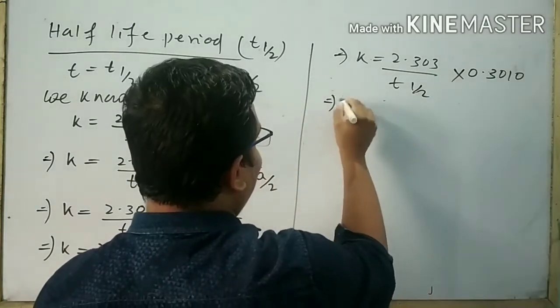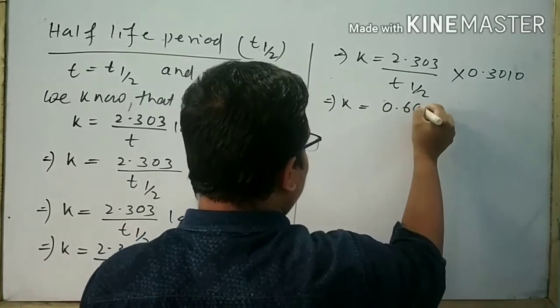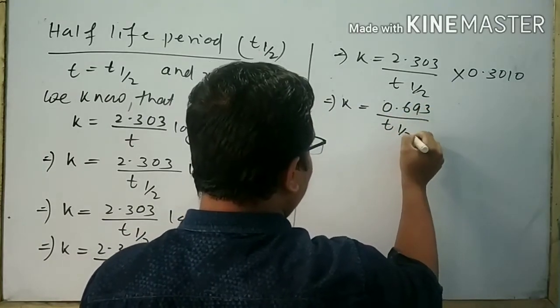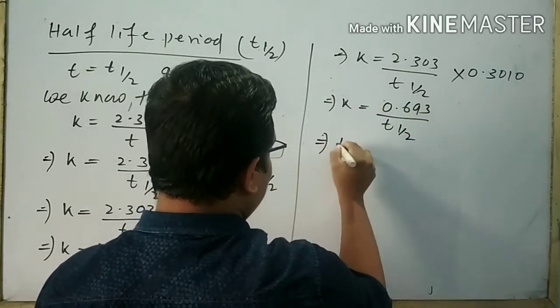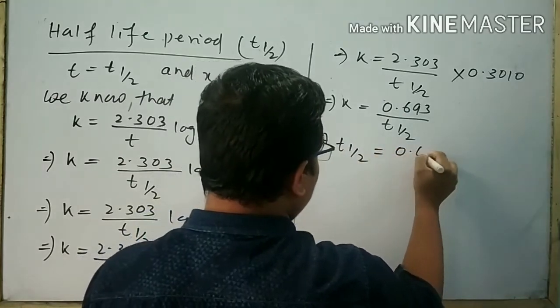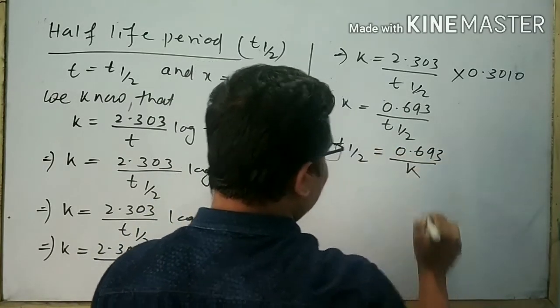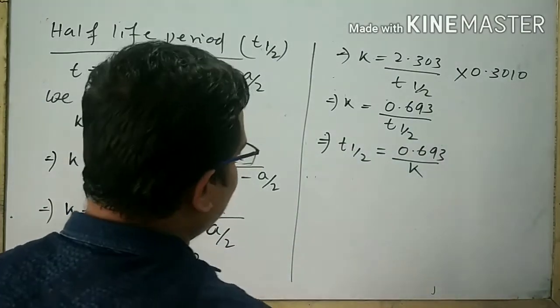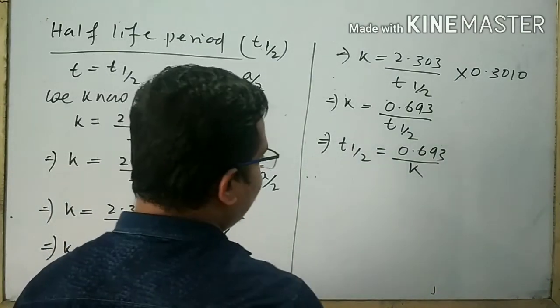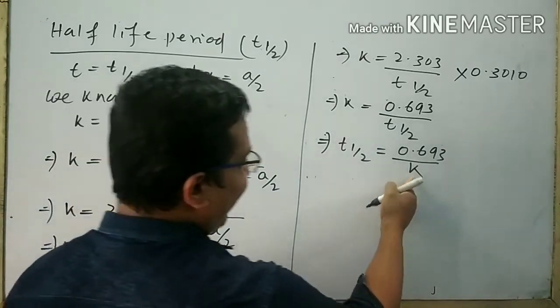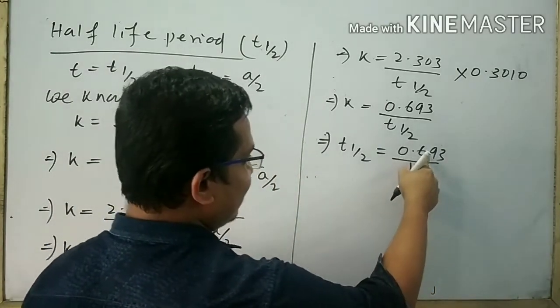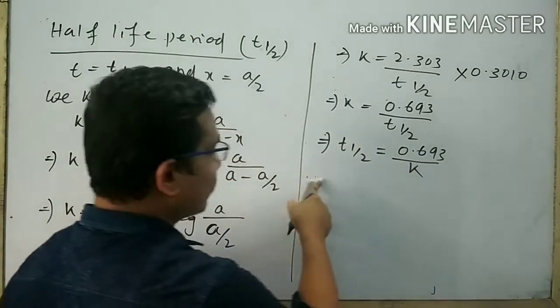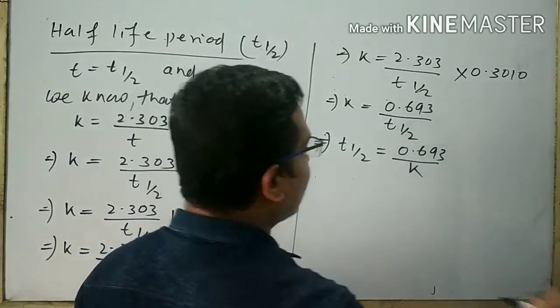So we can write k equal to 0.693 divided by t half, which implies that t half is equal to 0.693 divided by k. This is the half-life period expression for a first order reaction. Here k is constant, 0.693 is also constant, so t half is equal to a constant.